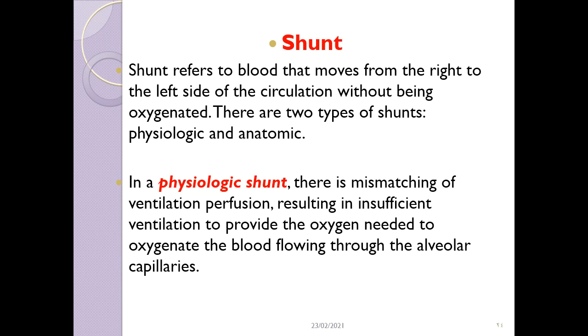So, when there is a mismatch between the ventilation and perfusion, there will be a physiologic shunt, which will lead to insufficient ventilation to provide the oxygen needed to oxygenate the blood flowing through the alveolar capillaries.